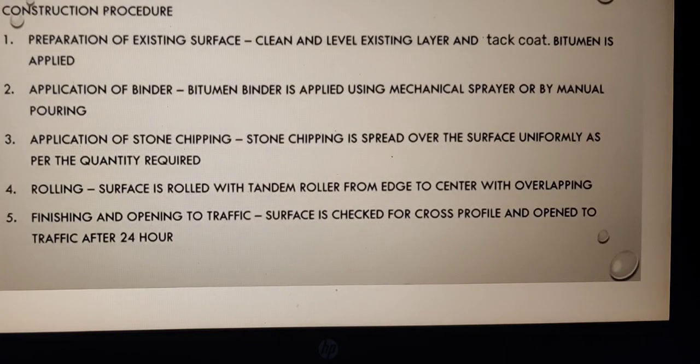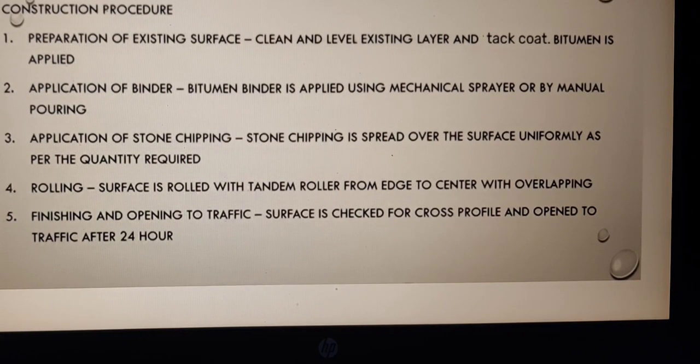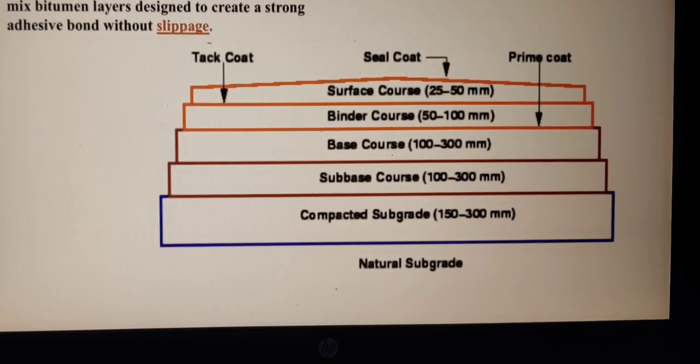So now the construction procedure is, first step, we have to prepare the existing surface. So the surface layer is always laid over the base course. So we have to clean the base course and then apply the tack coat. So tack coat is a layer provided over the base course or the binder course.